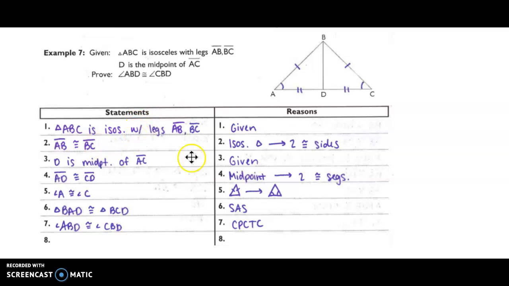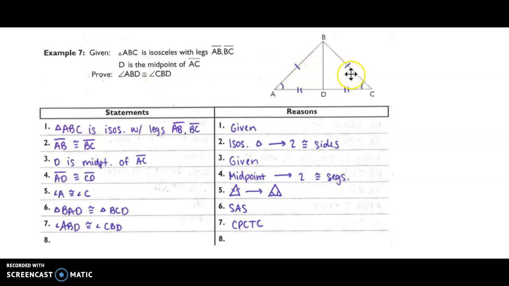And here's a proof to go through real quick. You are asked to prove that angle ABD is congruent to angle CBD, right? And most likely I'm going to use CPCTC, right? Because you're not being asked to prove that the triangles are congruent. You're being asked to prove corresponding parts, okay?